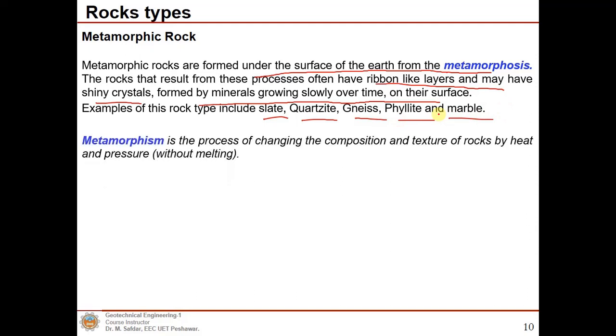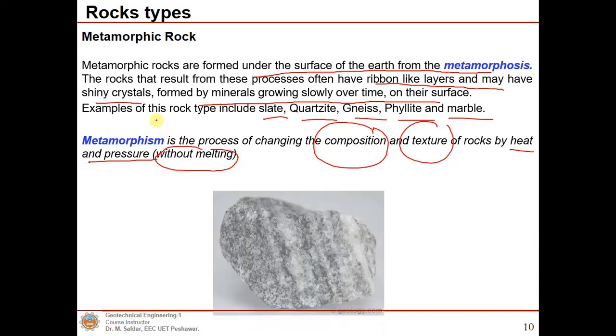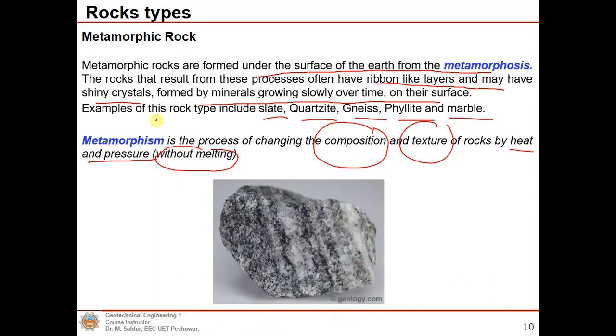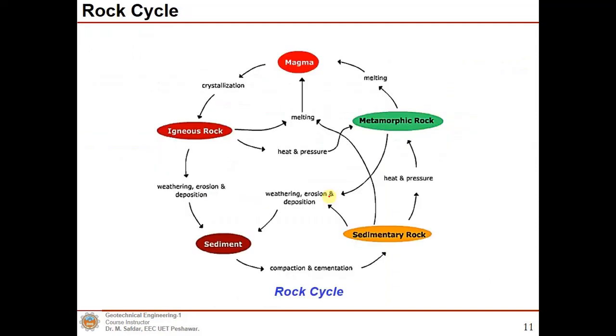Now, what is metamorphism? Metamorphism is the process of changing the composition and texture of rocks by heat and pressure, but without melting. This is an example of metamorphic rock.